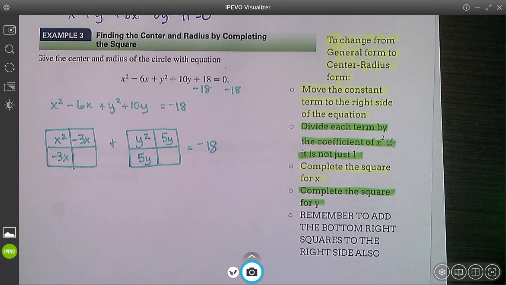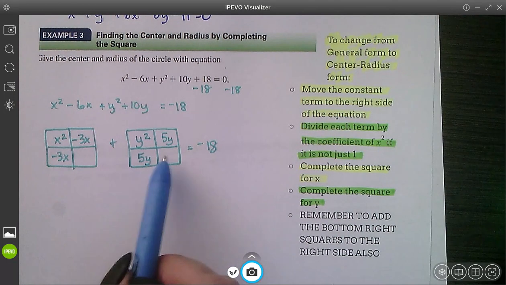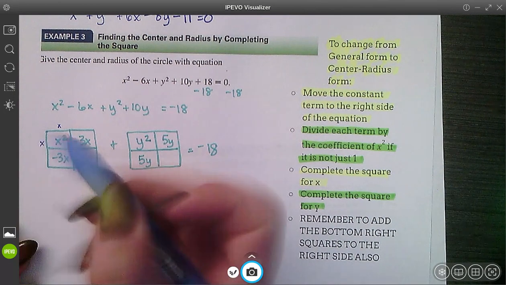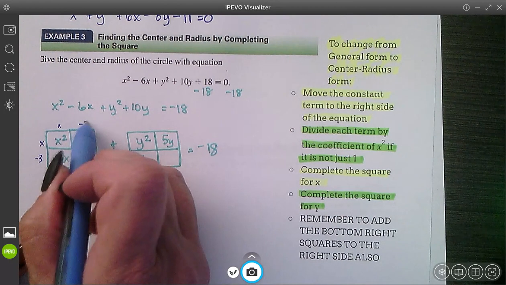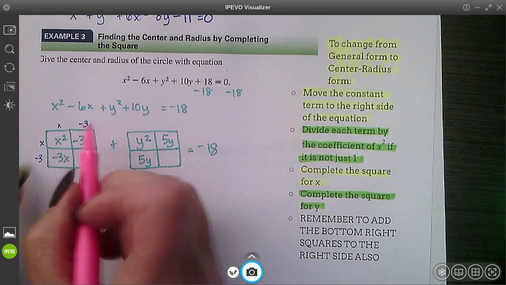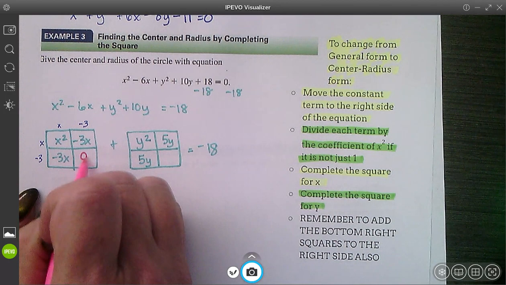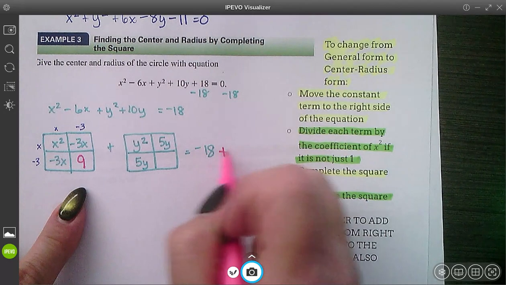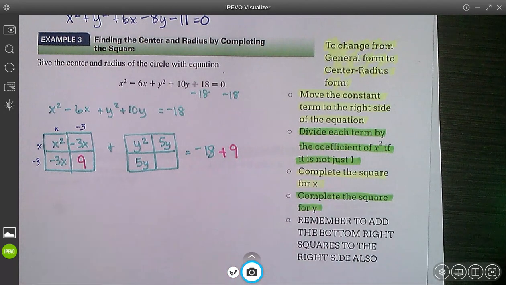And then I go to the edges to start figuring out what I need to complete the square in these two spaces. So this will be an x and an x, minus 3 and minus 3, which means the number I need to complete the square is negative 3 times negative 3, which is 9. Since it's in an equation, I also need to add 9 to the right side.